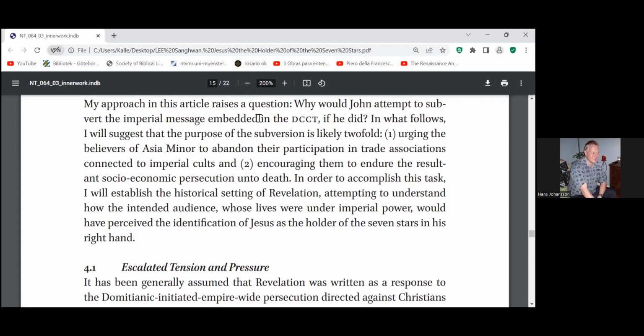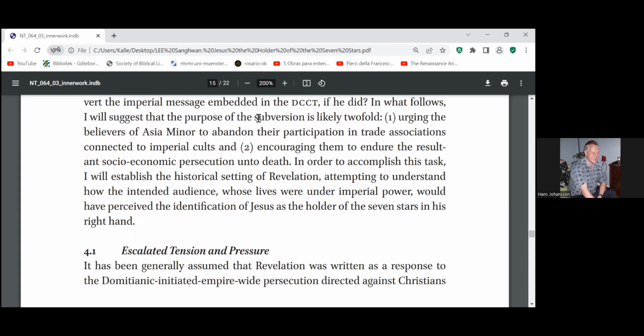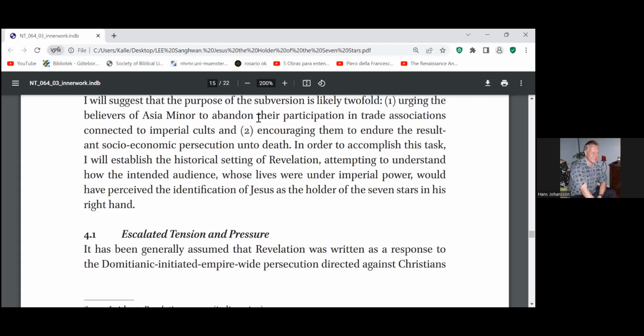In what follows, I will suggest that the purpose of the subversion is likely twofold.